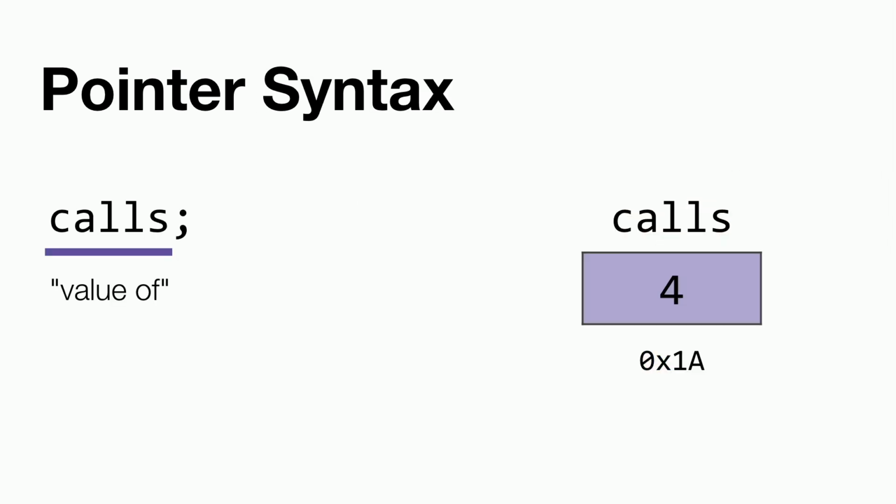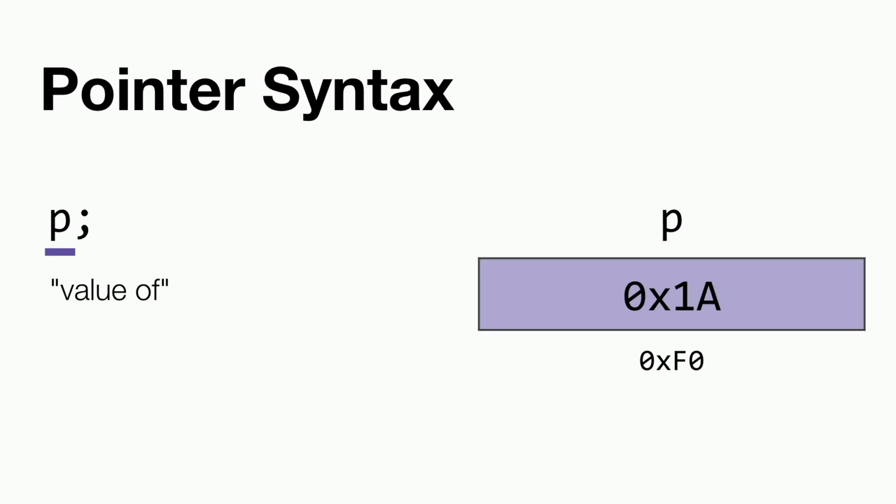The value of calls is 4, right? That's what we had before. That's what we learned during week 1. It is int calls equals 4. Therefore, the value is 4. The value of p is in turn the address of calls, right? Pointers store addresses of the variables they point to.